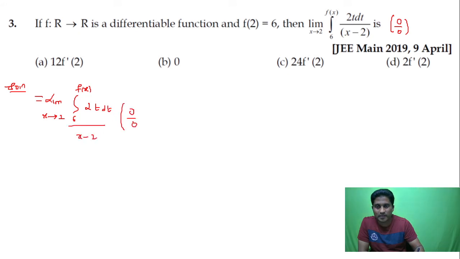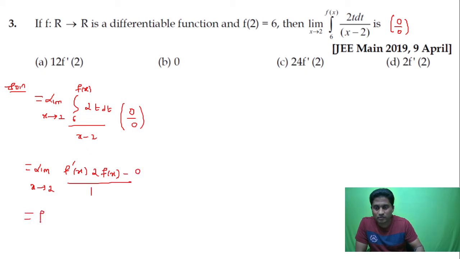I'll use L'Hopital's rule. So I differentiate the numerator and denominator separately. When I differentiate the numerator, I'll use Leibniz's rule, differentiation of a definite integral. You have to differentiate the upper limit, and in place of t, you put the upper limit. Anyways, the lower limit is a constant, so it gives 0 when you differentiate. Differentiation of x minus 2 is 1.